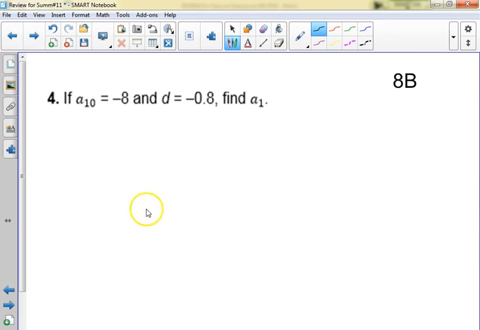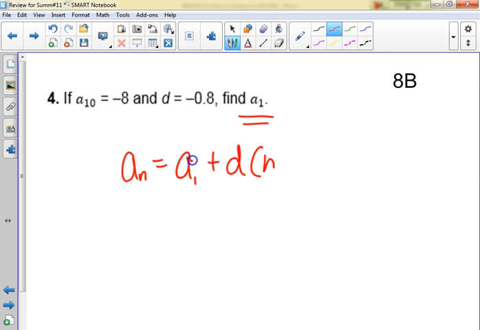All right, it also says to find the first term. This is find the first term. Ideas? If you wanted to use this, what would you have to do?